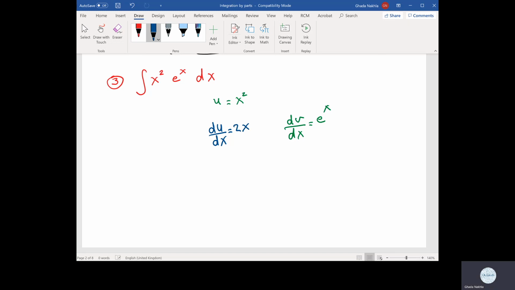You drop the power and then decrease the power of the x. Because I'm differentiating with respect to x, you decrease the power of the x. So 2 minus 1, which is 1. So it's x to the 1. And when I integrate e to the x, I get e to the x. E to the x does not change.